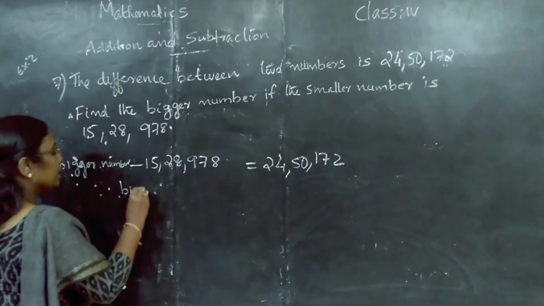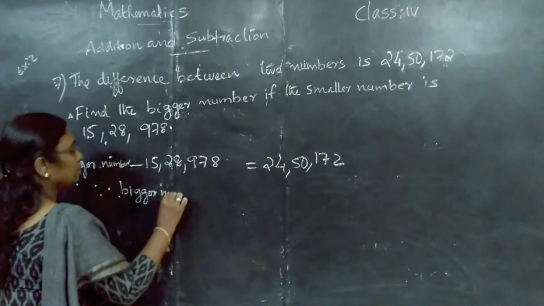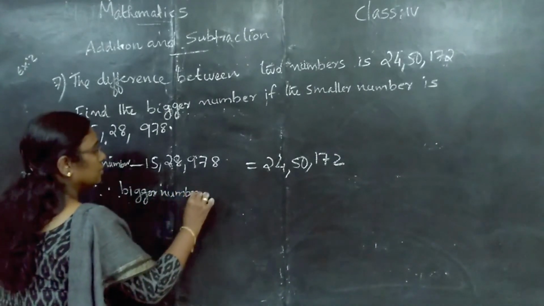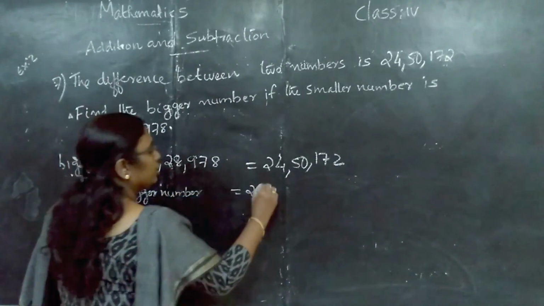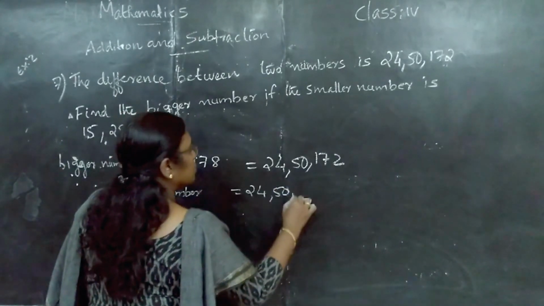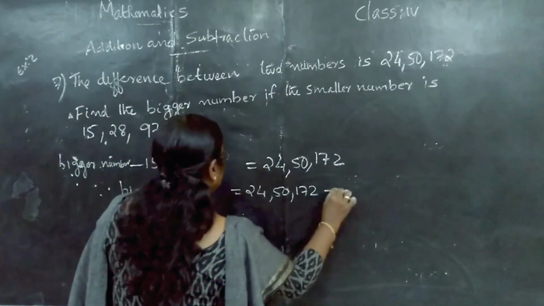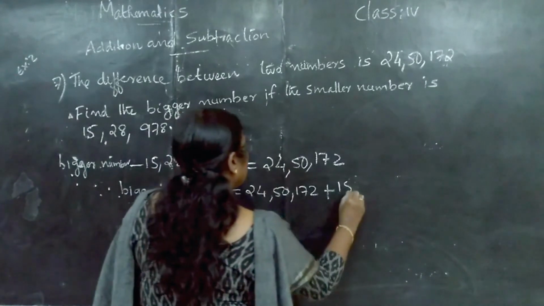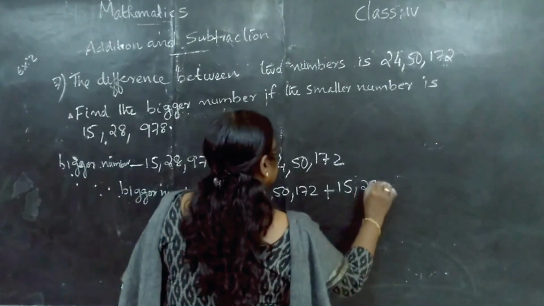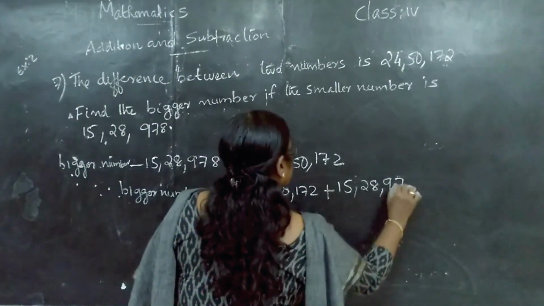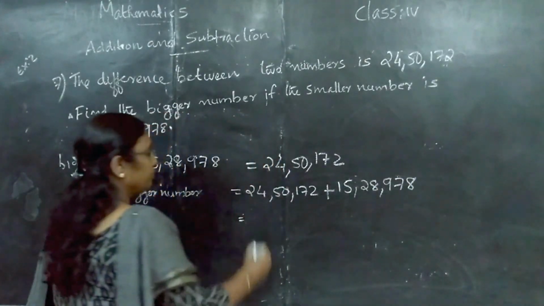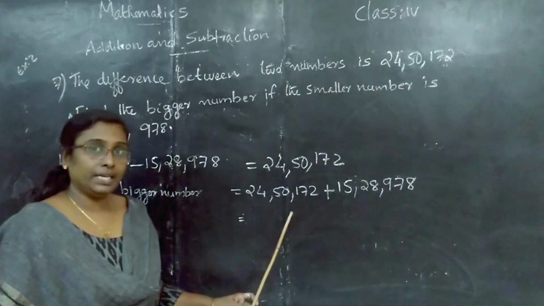Therefore, bigger number equal to 24,50,172 plus 15,28,978. Okay? You know addition?